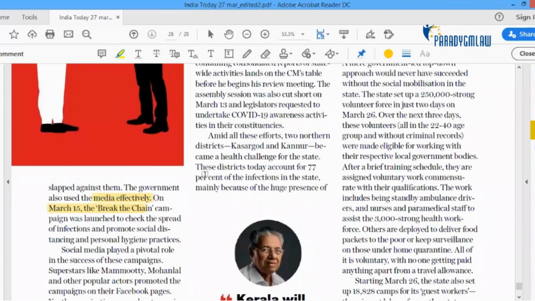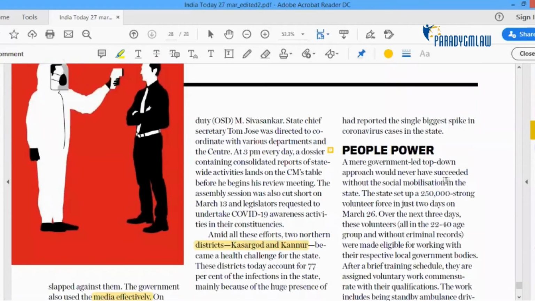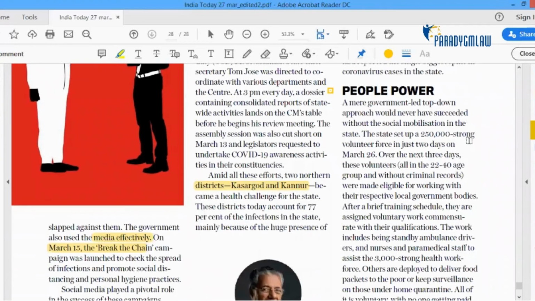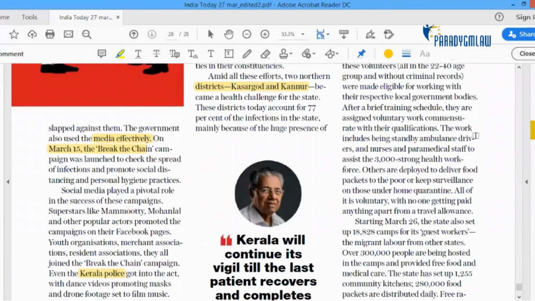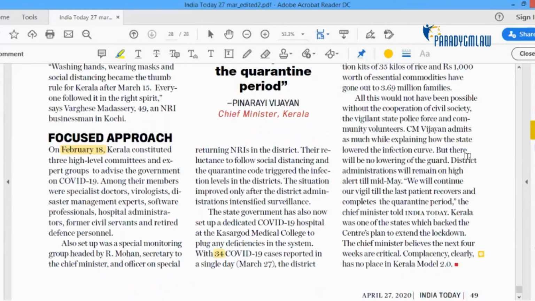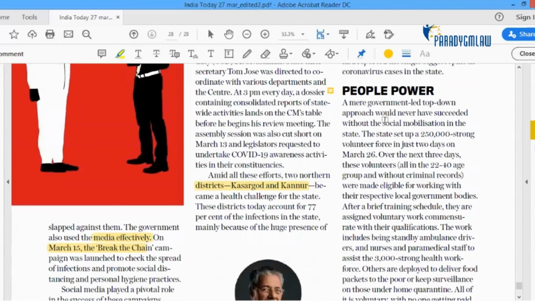districts, Kasargod and Kannur, and then we have the single biggest spike. Now here, the final passage, the concluding passage, we've come there. Let's look at how this article is being concluded.